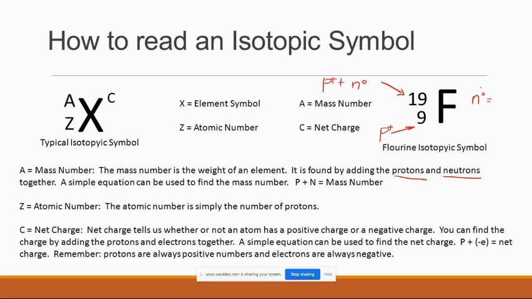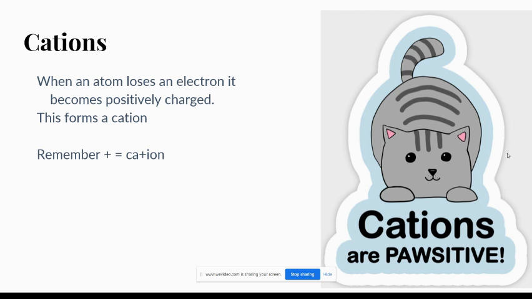So how many neutrons do I have? 10. 19 minus 9 is 10. How many electrons do I have? Yep. What's my charge? My charge is 0 because there's nothing written there. So that means that I have the same number of electrons as I have protons. So that would be 9. All right.